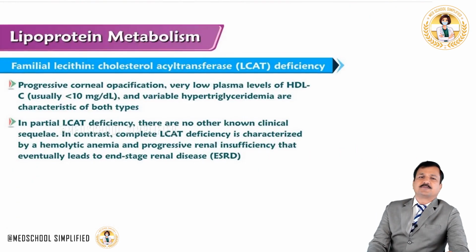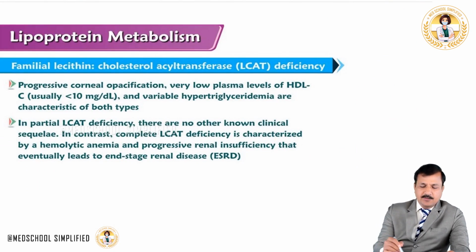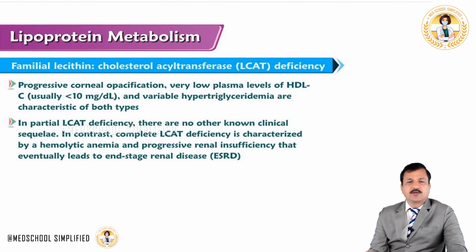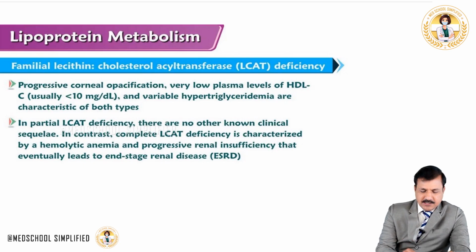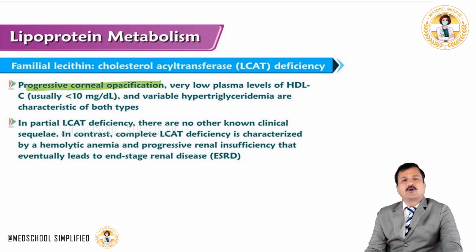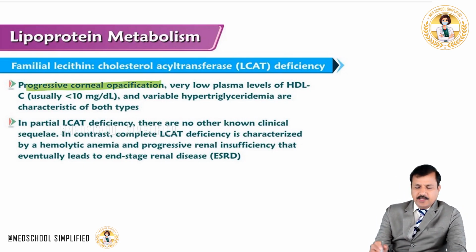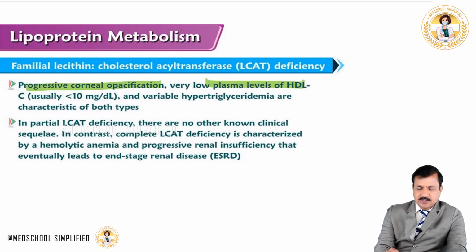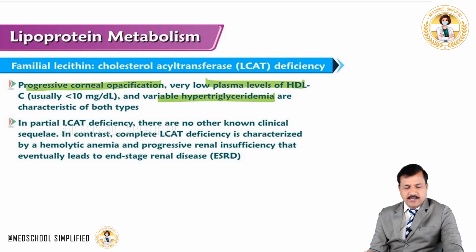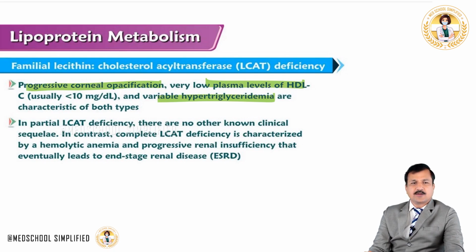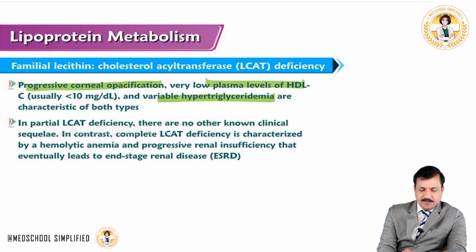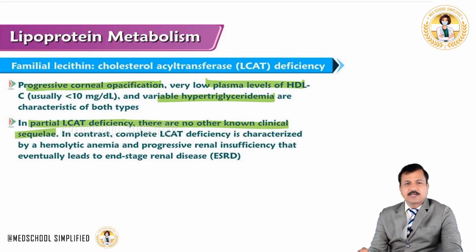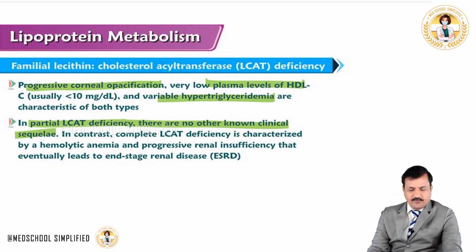Now, what are the signs and symptoms we see here? Other than the laboratory features that I have explained in the previous slide, the patient will show progressive corneal opacification and very low plasma levels of HDLs. Very variable hypertriacylglycerolemia can be seen as a laboratory feature. These features will be the same in partial LCAT deficiency. There is no other clinical sequel seen other than what has been explained so far.